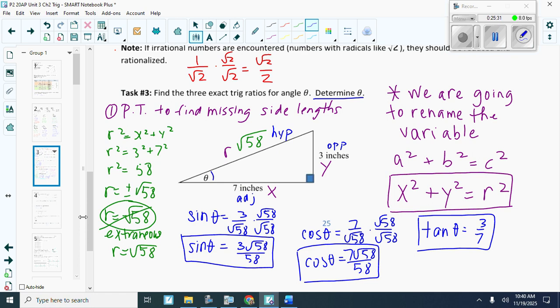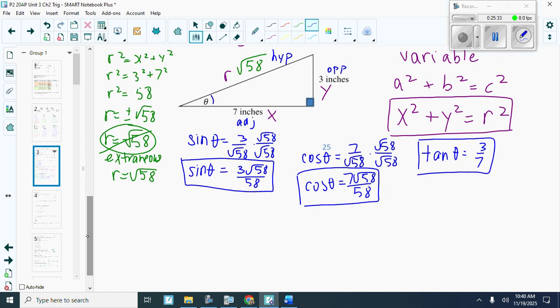So in this case, I'd probably pick one that has nice numbers. My preference would be tan in this example. So if I'm doing that, I choose tan, 3/7, so theta would be the inverse of tan, 27 degrees. Great.